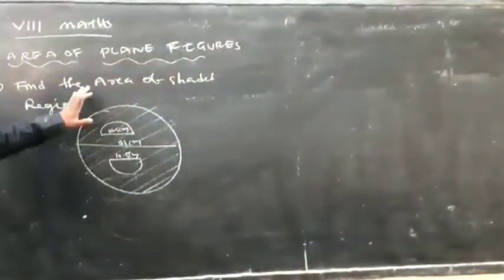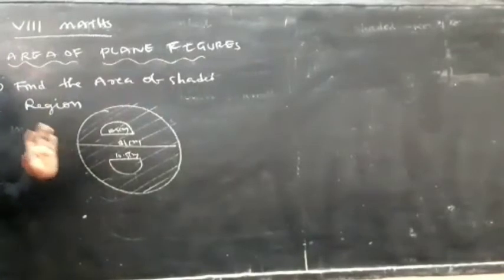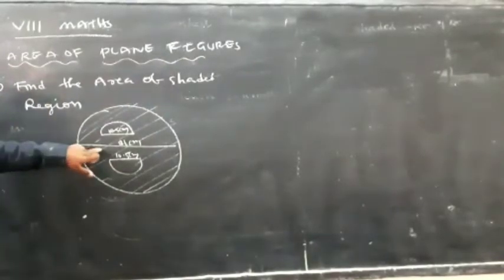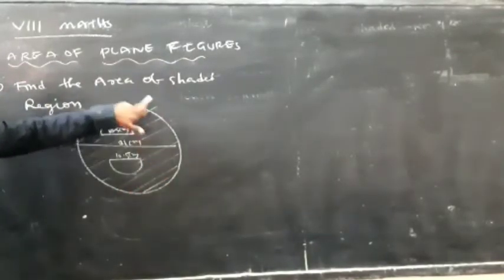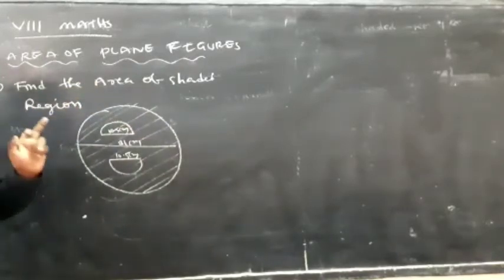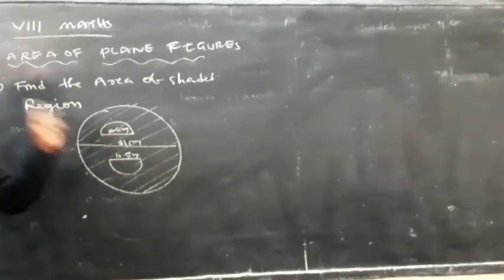So from the following figure, find the area of the shaded region. To find the area of the shaded region from the total quarter, you have to remove the area of this semicircle and also this semicircle.